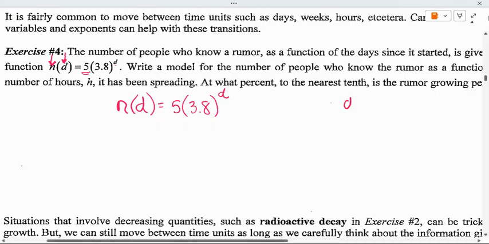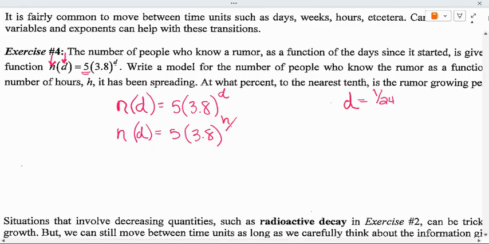How do I change D to represent replication per hour? 1 over 24, yeah. So we're going to rewrite this function. The number of people that know the rumor is now going to be 5 times 3.8 to the number of hours divided by 24. So if I have 24 hours, 24 divided by 24 is 1 day. All we've done is change the way this function looks. Does that make sense? Okay.